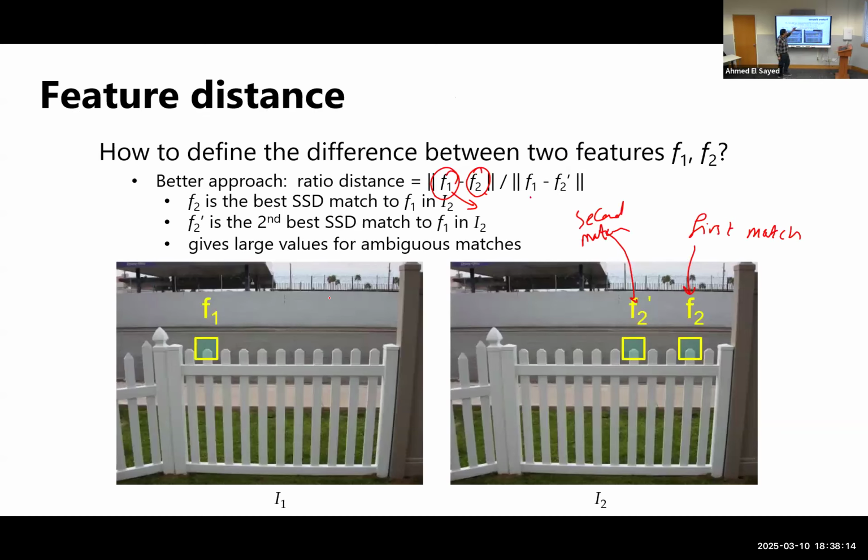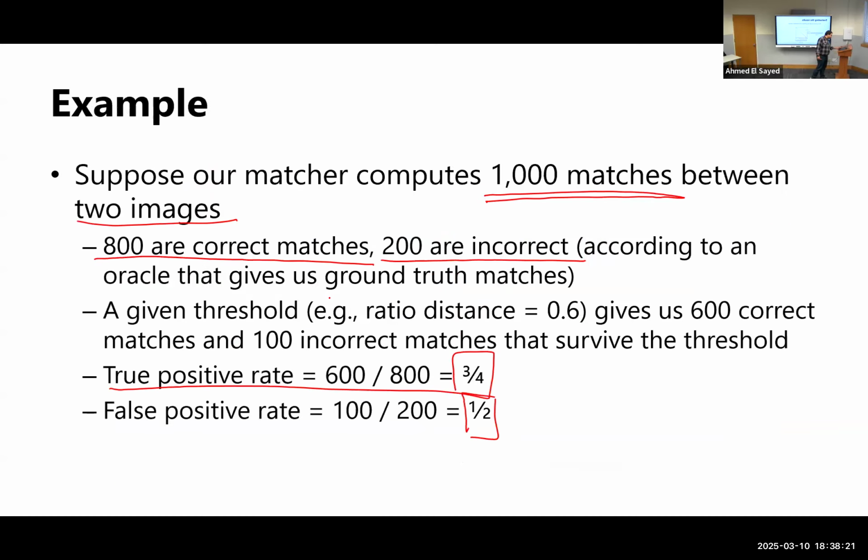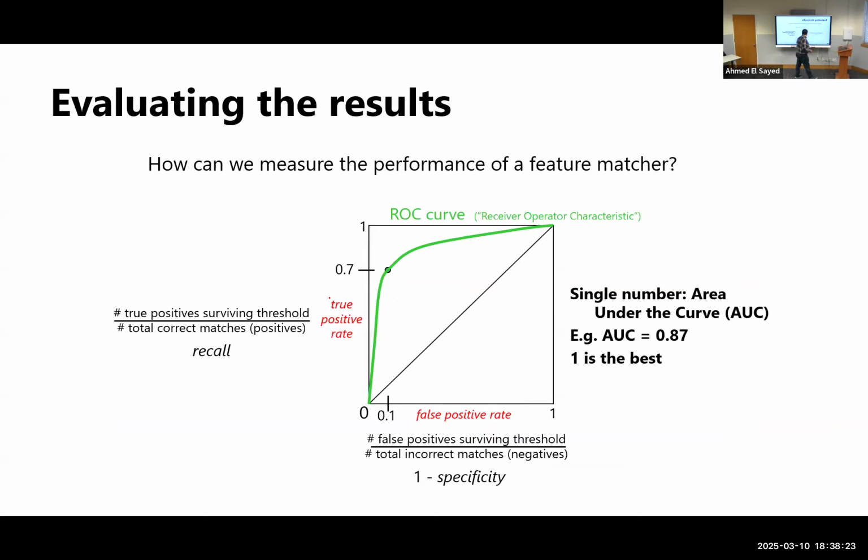For this ratio, I'll change the threshold for the detection and find the new value. Change the threshold, another value, change the threshold, third value, change the threshold, fourth value, and keep going like this. After that, I will connect those points together, and this will give me something called the ROC curve.